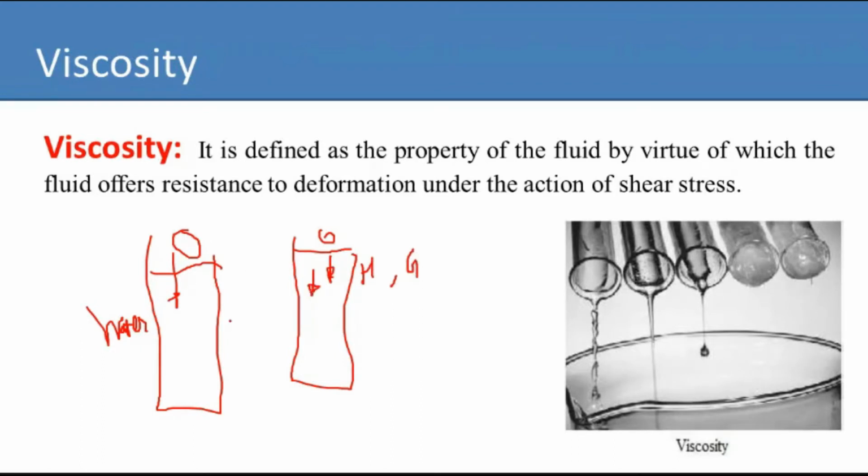Why is this taking place? Because there is some property inside the fluid which is offering resistance to motion. In case of water the resistance was minimum, so the ball moved quickly. In honey, glycerin or other liquids, the resistance was more, because of that the ball was moving slowly.